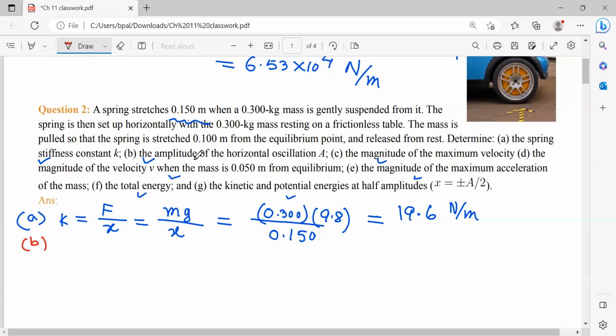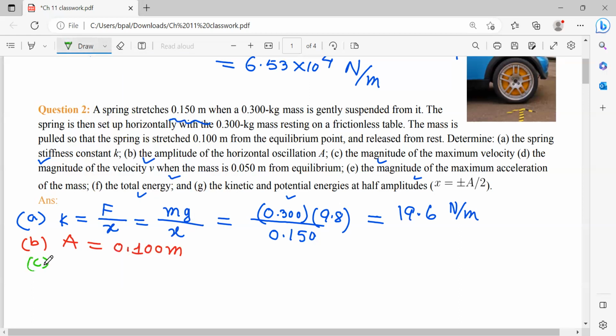When you pull it to some distance and release it, it will oscillate between that distance and the negative of that distance, and that distance is the amplitude. So without thinking too much, the amplitude is equal to 0.100 meter.